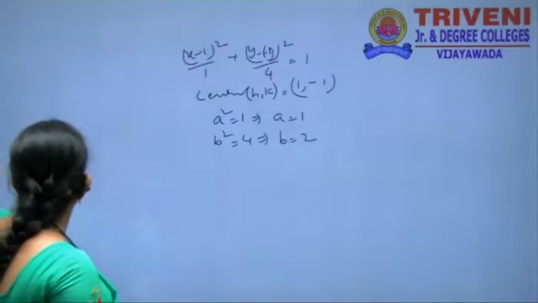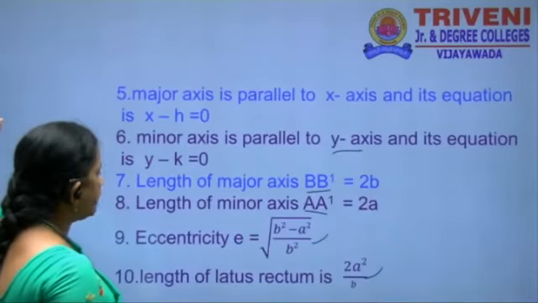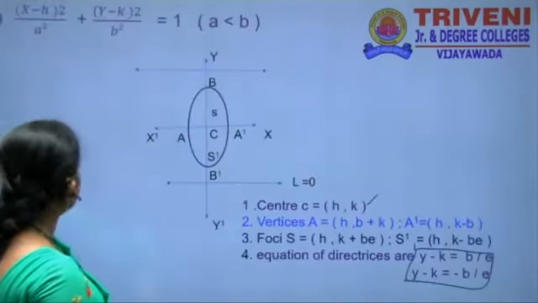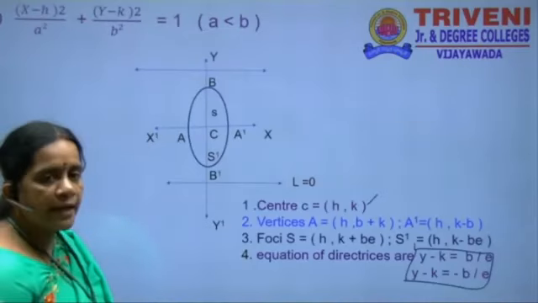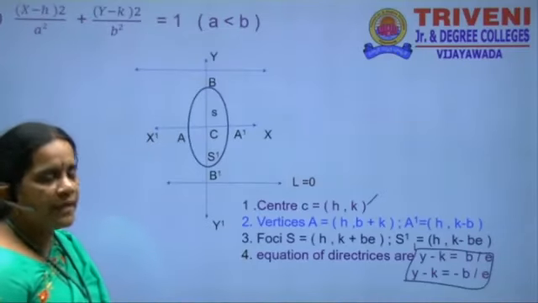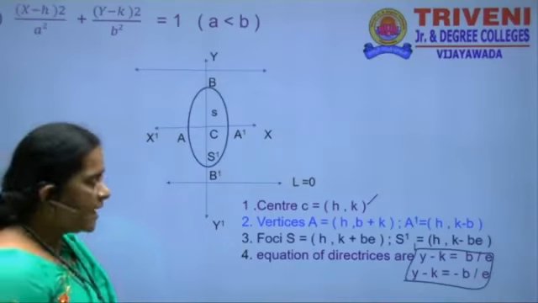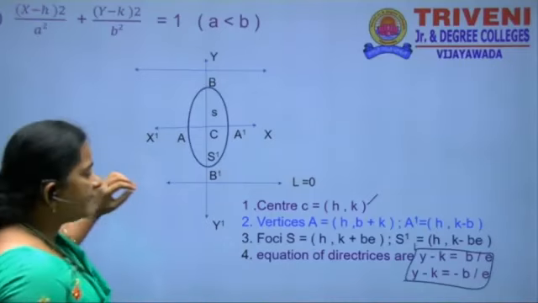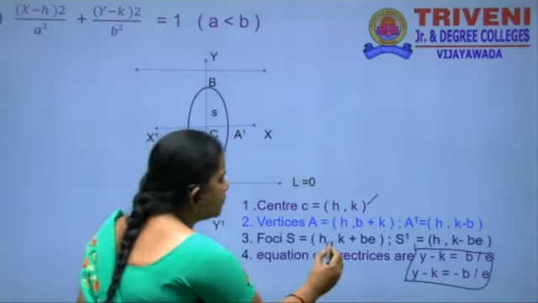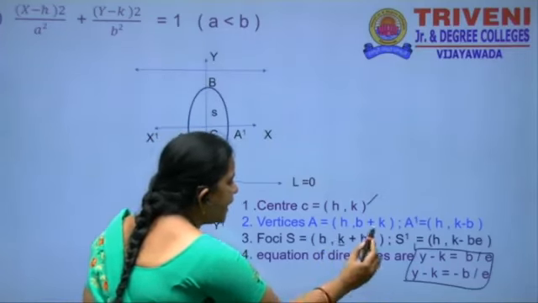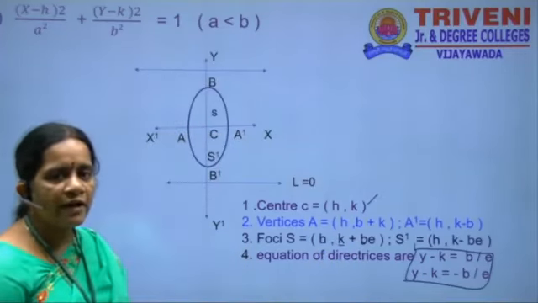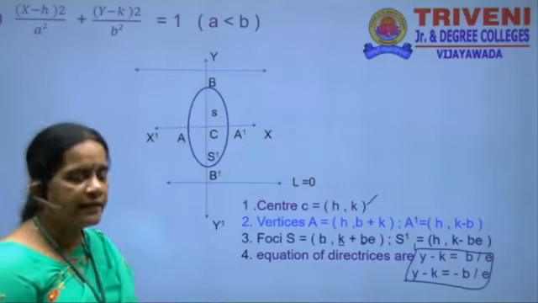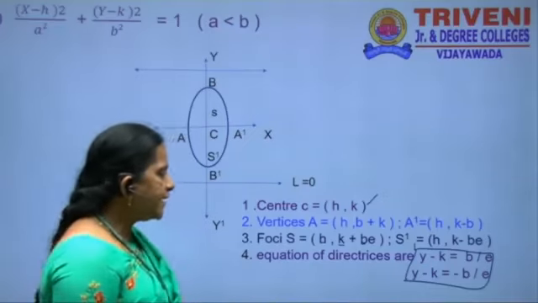What is the formula of foci here? In this form, the foci is h comma k plus or minus b e, plus b e and minus b e. First we have to find the eccentricity. Here you already know the values of h, k and b, but you don't know the value of e, that is eccentricity. What is the formula of eccentricity?